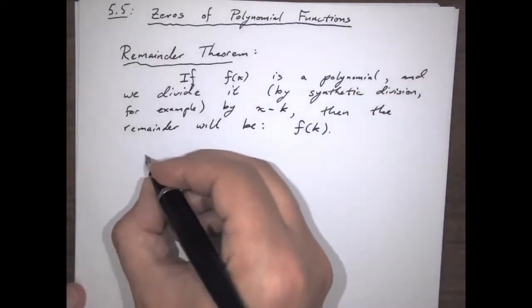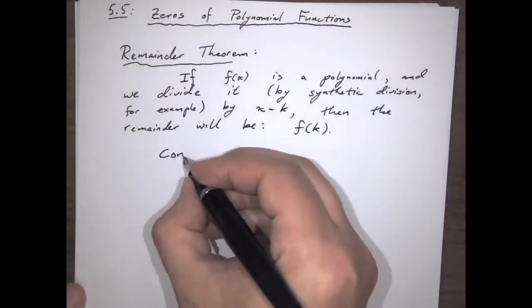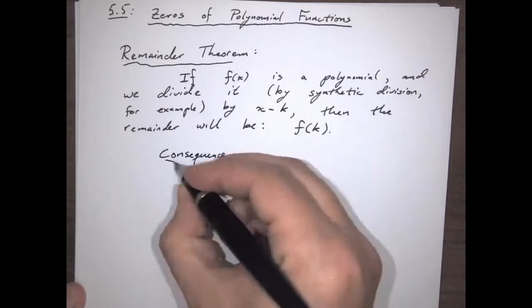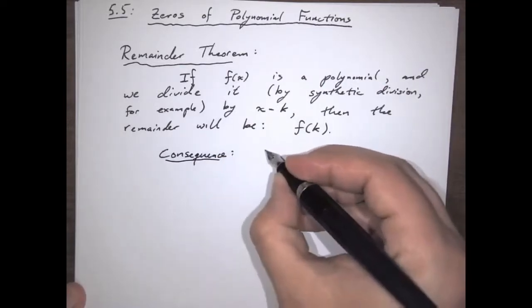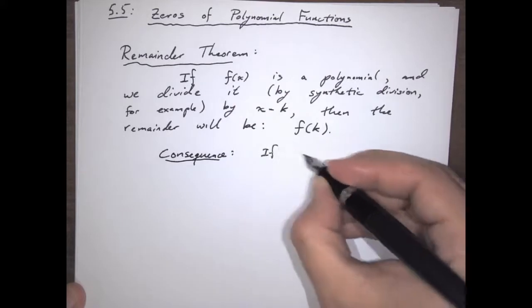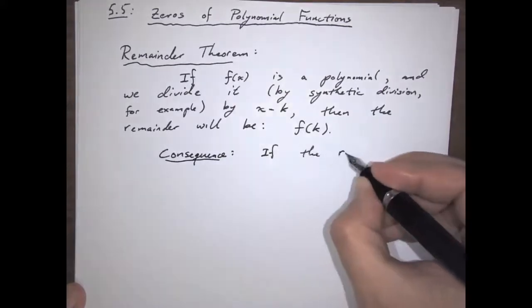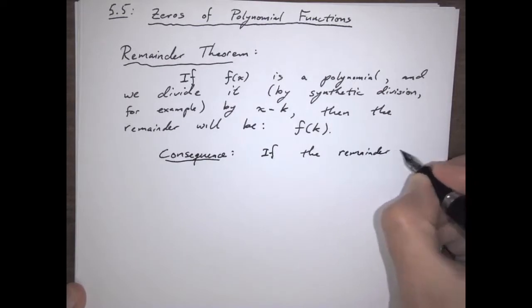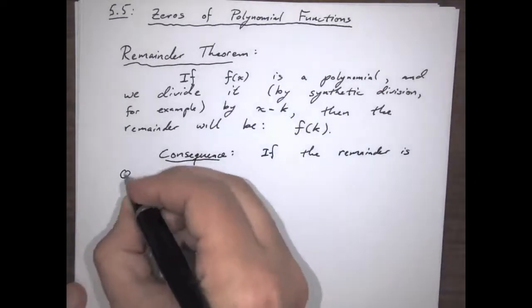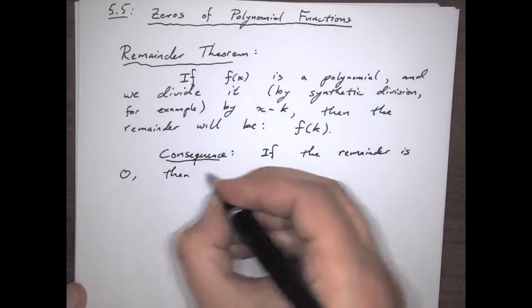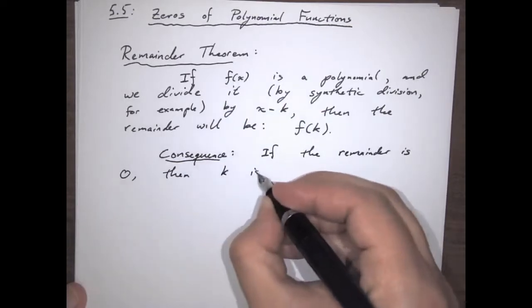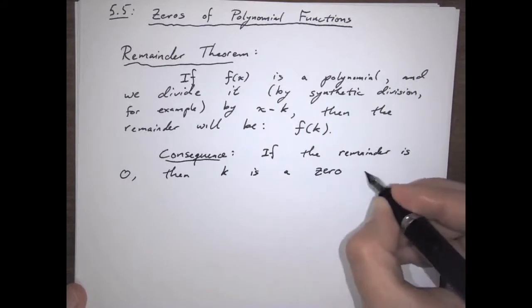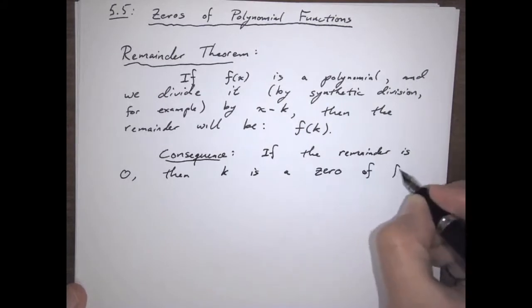So a consequence of this is if the remainder is 0, then k is a 0 of f of x.